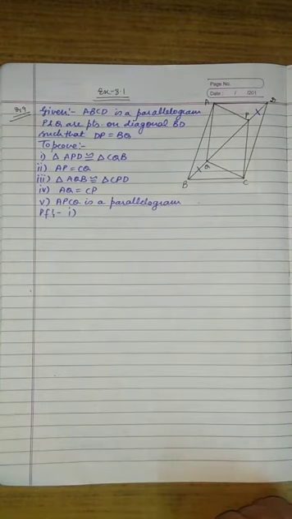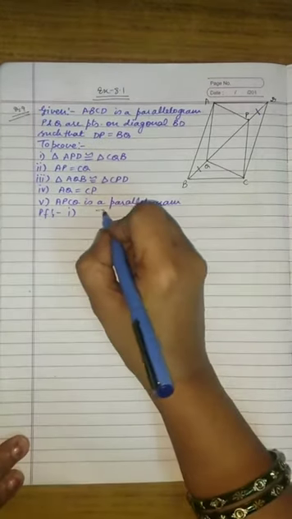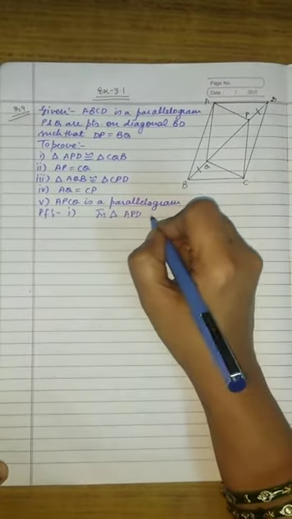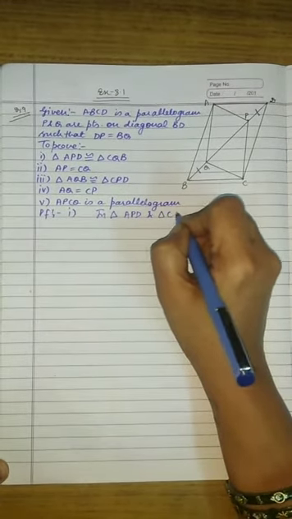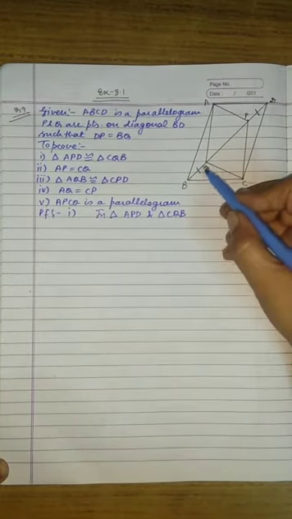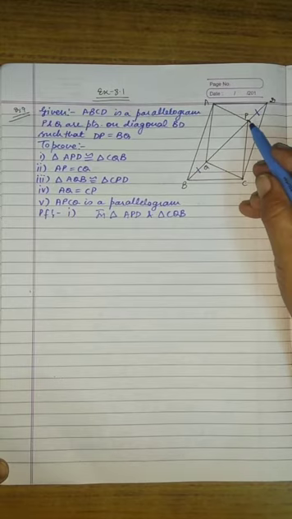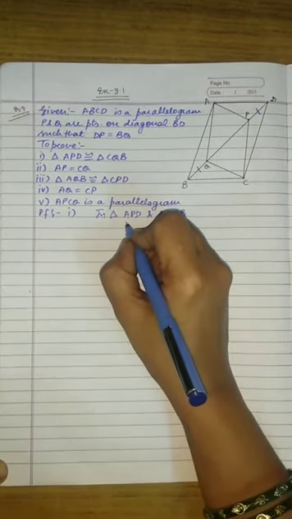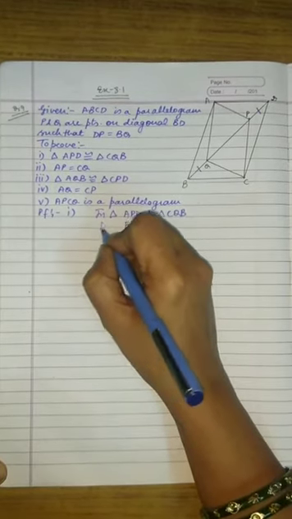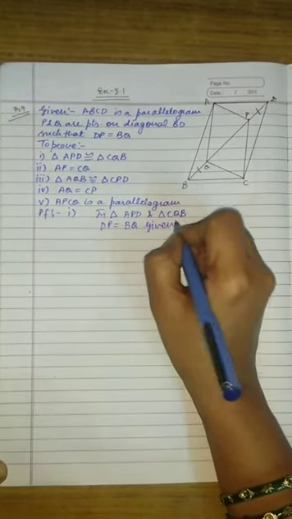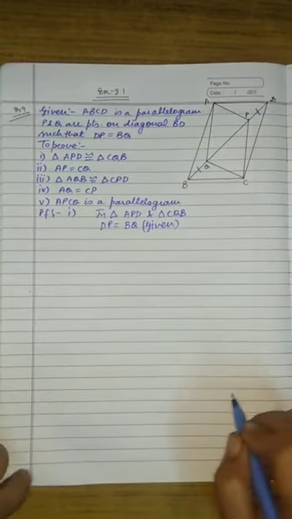How we are going to prove part 1. In triangle APD and triangle CQB, already we are given that BQ is equal to DP. So we will write DP is equal to BQ, that is given.